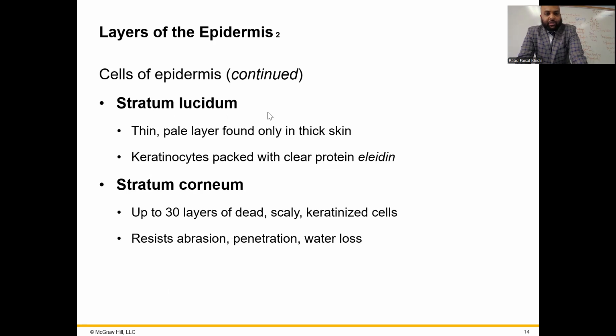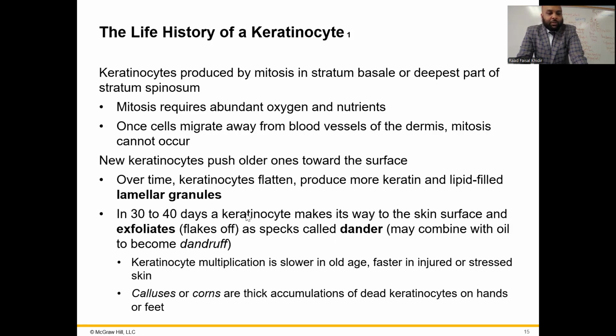Then you have the stratum lucidum, a thin, pale layer found only in thick skin, where keratinocytes are packed with a clear protein known as eleidin. There's a stratum corneum, up to 30 layers of dead, scaly, keratinized cells, and they resist abrasion, penetration, and water loss. Exfoliation happens at the top keratinized layer, and that is known as dander or dandruff.